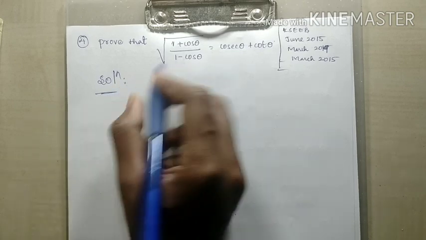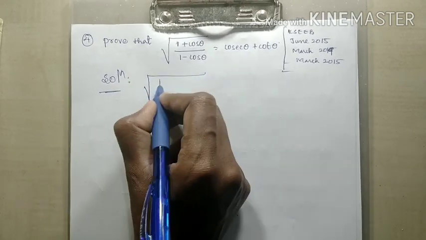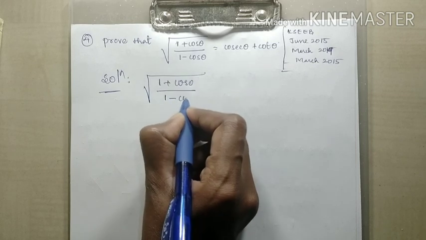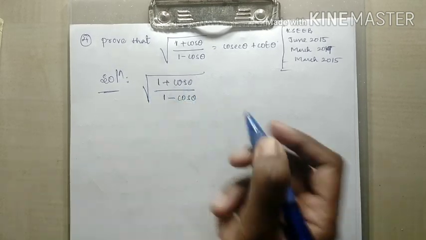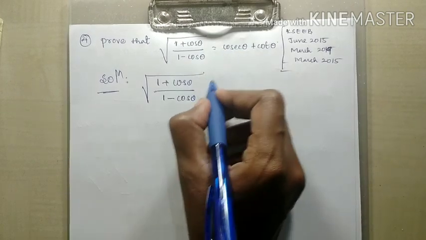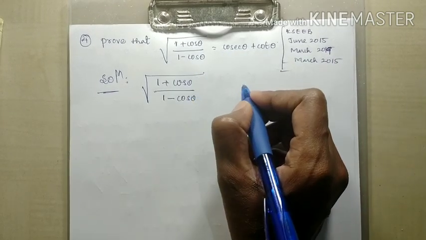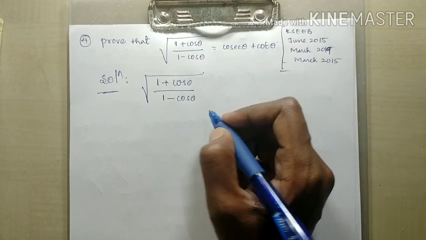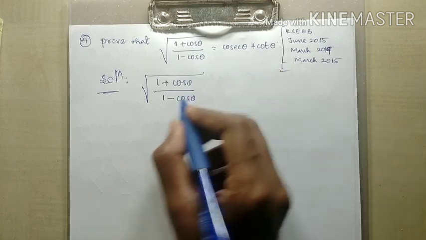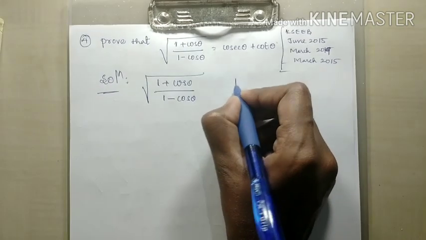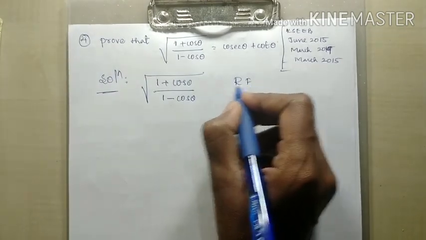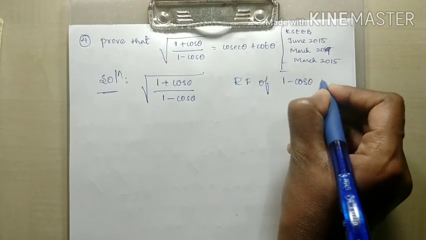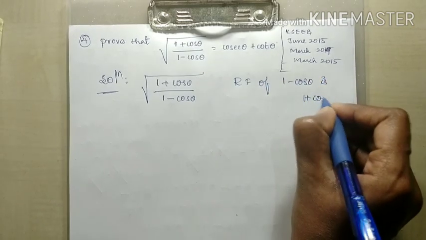Let me take the LHS part, that is square root of (1 plus cos theta) by (1 minus cos theta). So in the previous videos I told you how to take the rationalizing factor. So here also we have to take the rationalizing factor, that is RF of 1 minus cos theta is 1 plus cos theta.